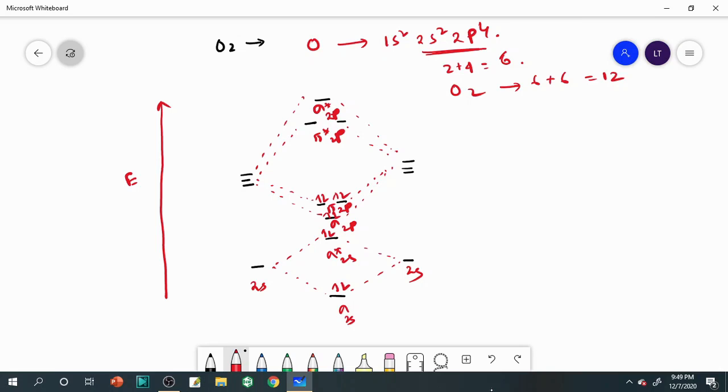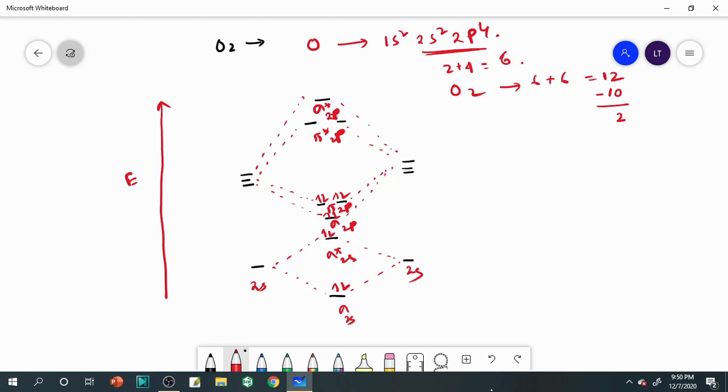And how many electrons have we already put? This is 2 plus 2 is equal to 4, 4 plus 2 is equal to 6, 6 plus 2 is equal to 8, 8 plus 2 is equal to 10, and the total number of electrons is 12. So up to this bonding pi 2p we have already put 10 electrons.